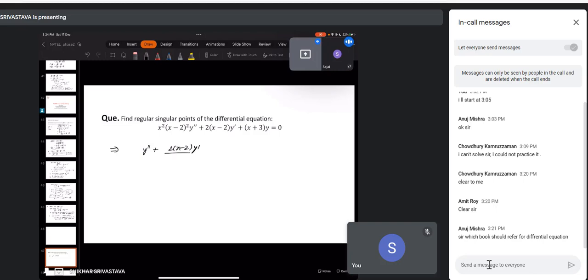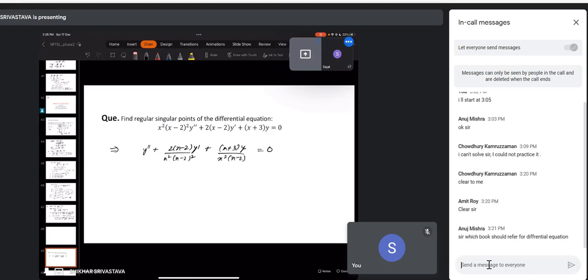You can also do it with me at the same time. I just divided the whole equation by x square times x minus 2 whole square, so I think this is what we'll get.